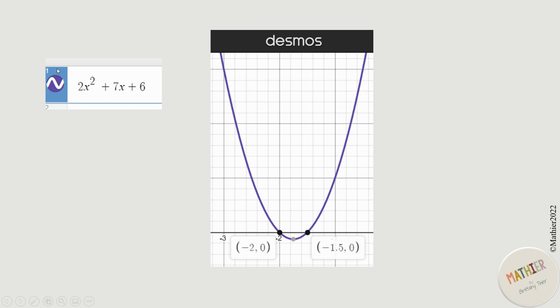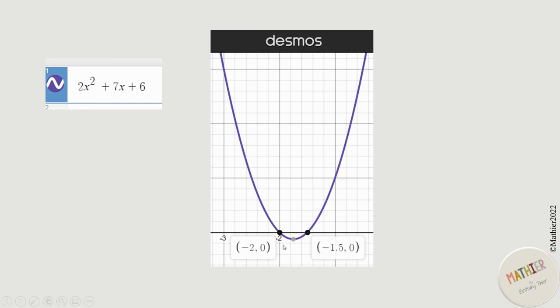If I graph y equals 2x squared plus 7x plus 6, so that original equation that was set equal to 0, I get this parabola here. We can see the x-intercepts are (-2, 0) and (-1.5, 0). So notice our answers were -2 and -3/2, which does equal -1.5.